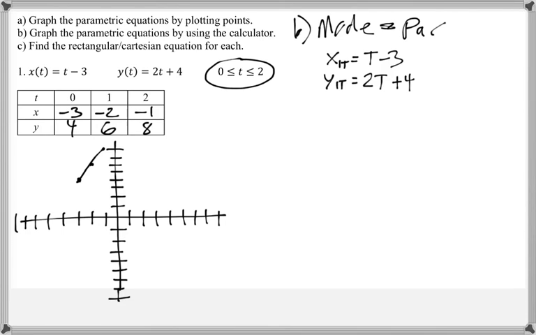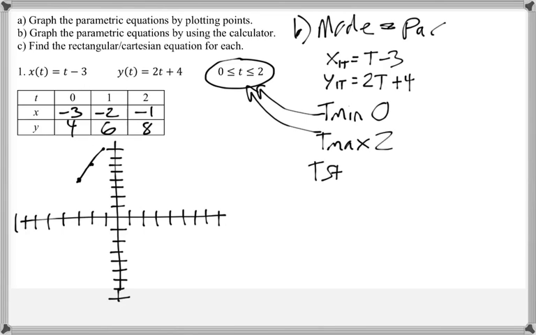So then if you go to window, we want the t min to be 0 and the t max to be 2. And we really get that from there. And the t step, I'm going to put that at 0.1.